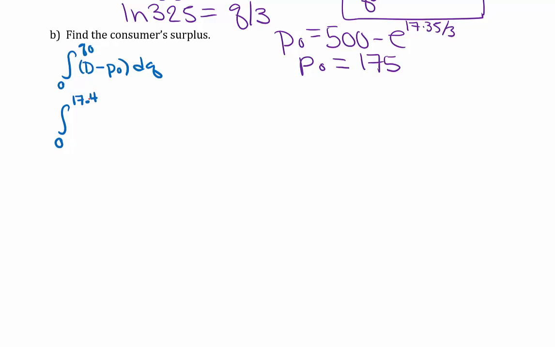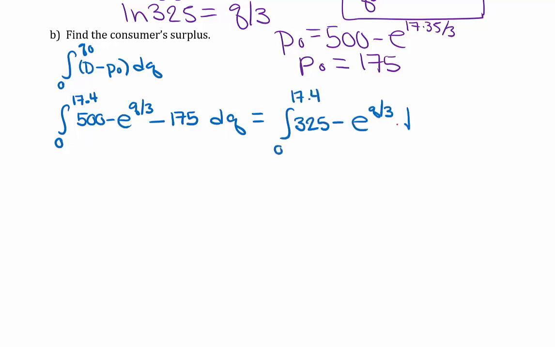The demand function, which is 500 minus e to the Q divided by 3, minus my equilibrium price, which was 175. If I combine like terms, I get 325 minus e to the Q over 3.